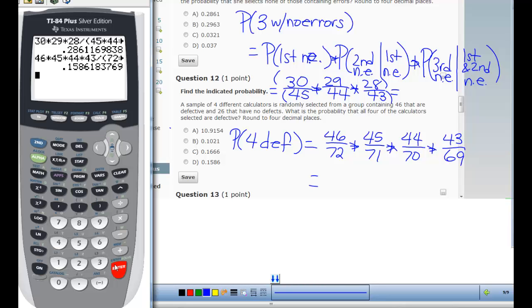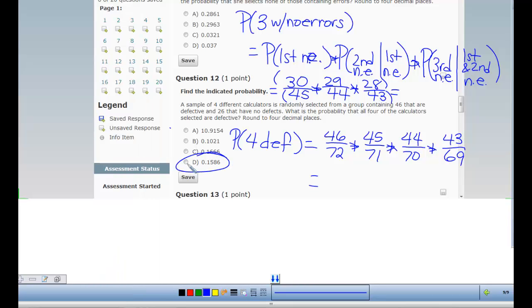I got 0.1586 if I didn't make a typo. That's a choice, so we're going to go with it. Good.